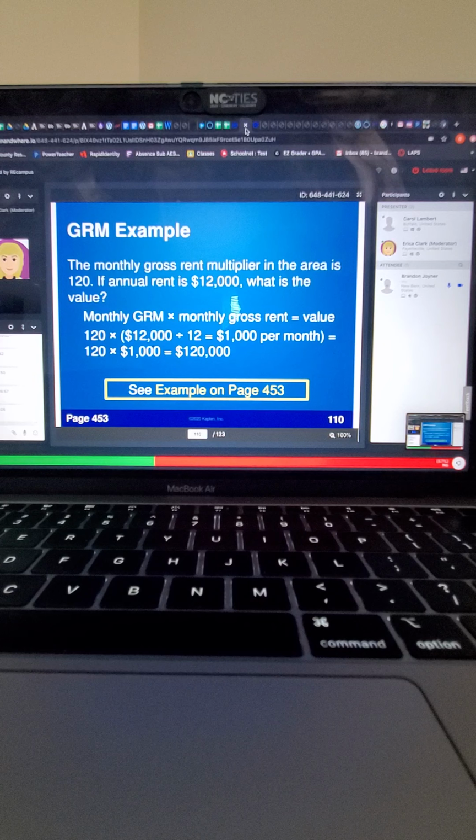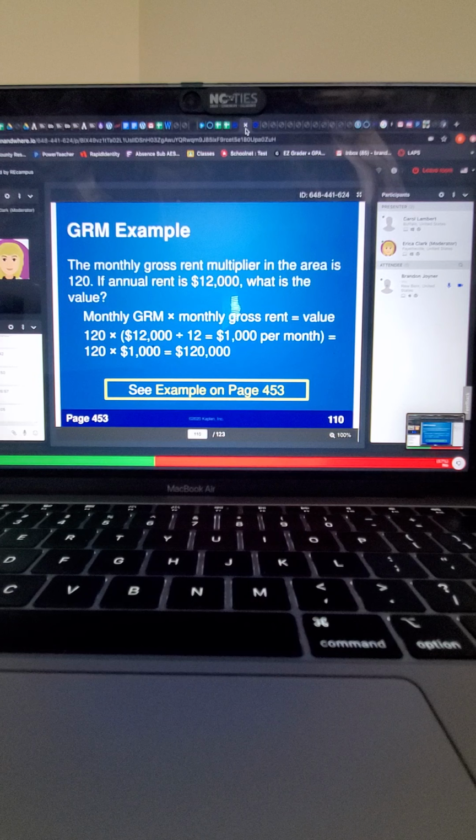And you can do it on a monthly basis or an annual basis. I personally prefer to do it on a monthly basis. So let's look at an example of it. We're going to have 4 comparable sales that are rental property.